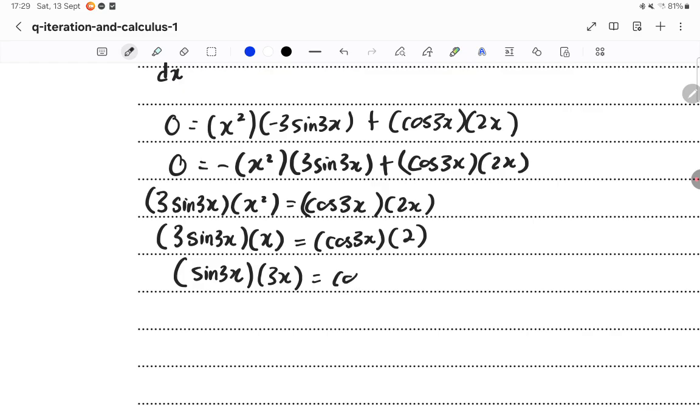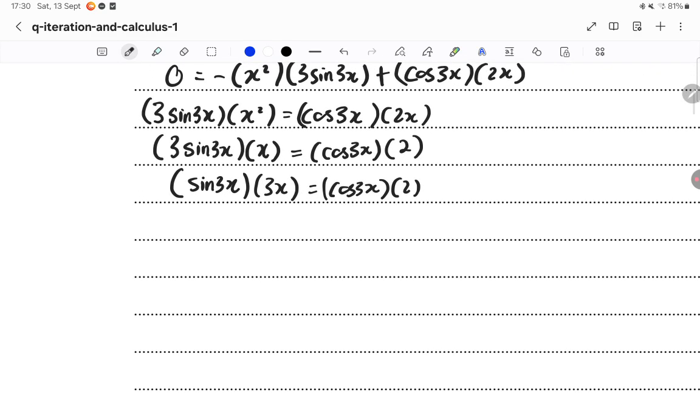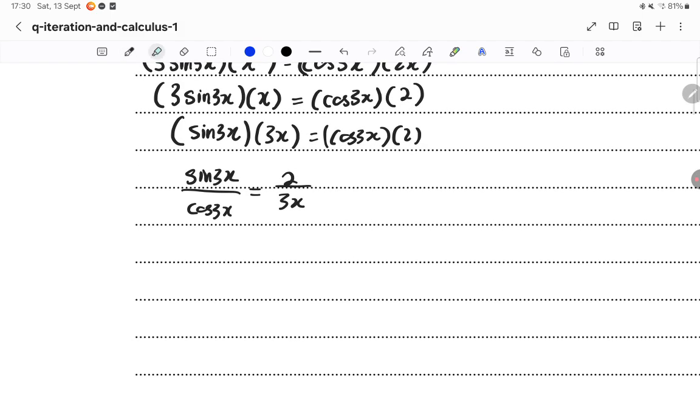So sine 3x over cos 3x is equal to 2 over 3x. So we bring this divide here and bring this here. And we should be getting tan 3x equal to 2 over 3x.